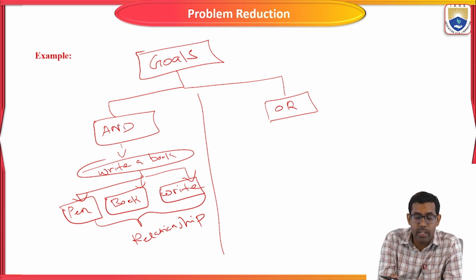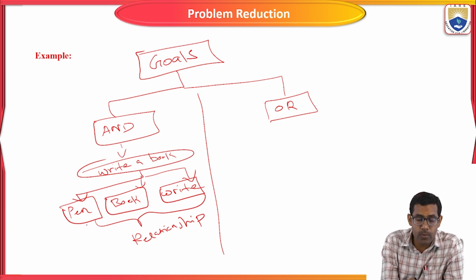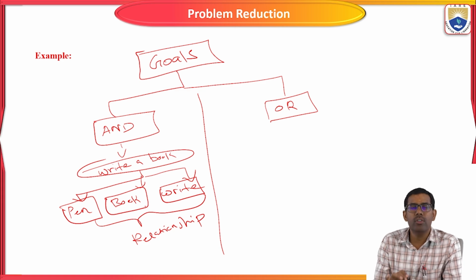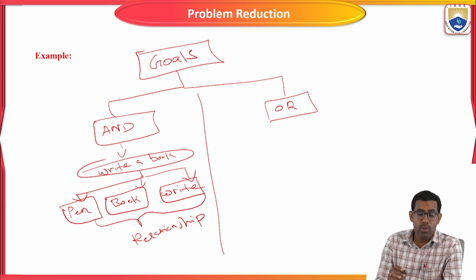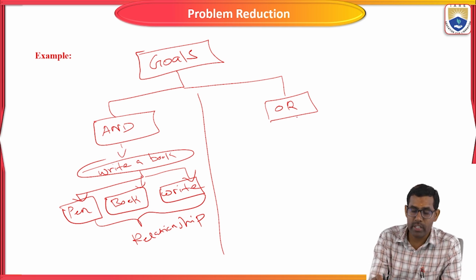Each and every component has a dependency. If you want to write a book, you need the pen, and using that pen you have to write on the book. This one is the AND graph in problem reduction. The next one is OR.